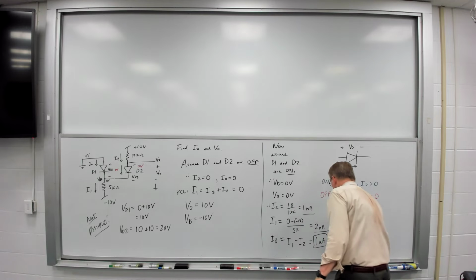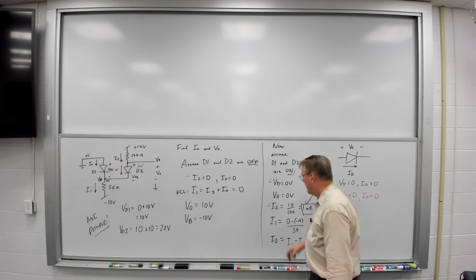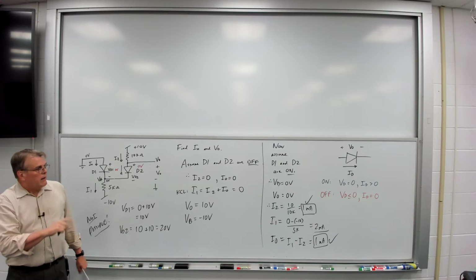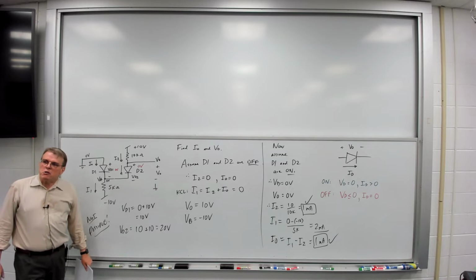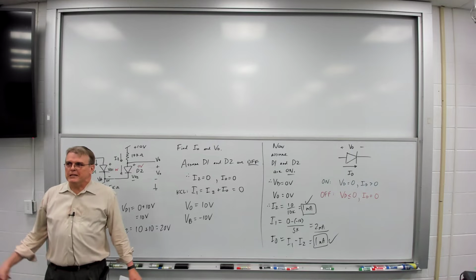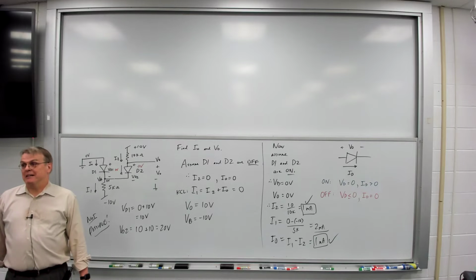So because of the values of I0 and I2, I know that both of these diodes must be turned on. Now, do I need to check the other two conditions, on-off and off-on? Is there any need to do that? No. Once you find the right answer, you're done. A diode cannot be both on and off at the same time.